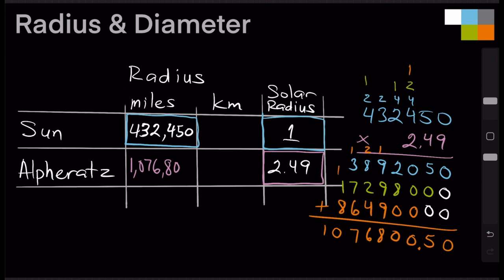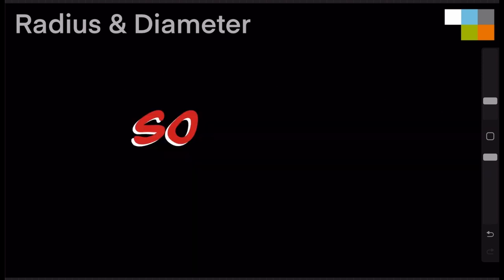And if we want to round up, we can say it's 1,076,801 miles in radius. Now, because we know the radius for Alpheratz, if we wanted to take an extra step, we could figure out its diameter, because the diameter is the radius doubled, or the radius times 2.